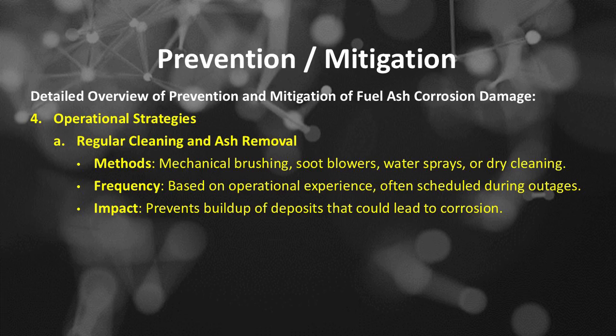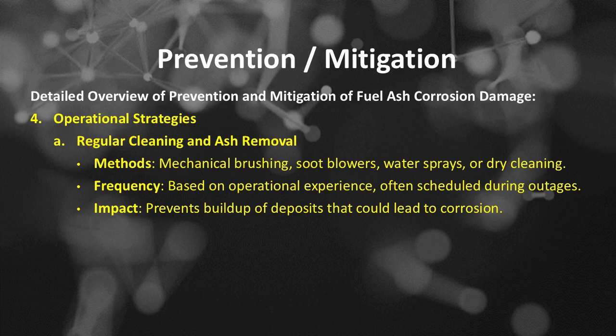Number 4 of prevention and mitigation of fuel ash corrosion damage is operational strategies. Number A, regular cleaning and ash removal. Methods: mechanical brushing, soot blowers, water sprays, or dry cleaning. Frequency: based on operational experience, often scheduled during outages.